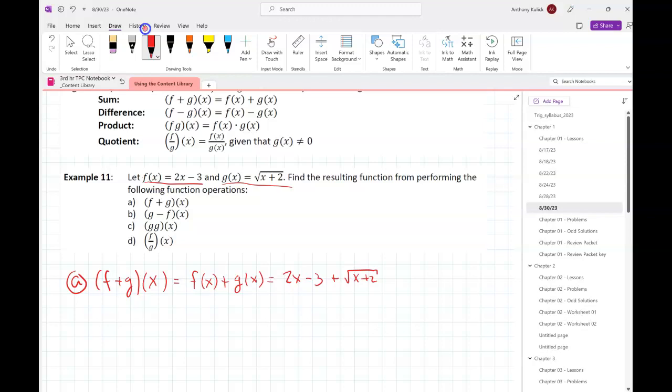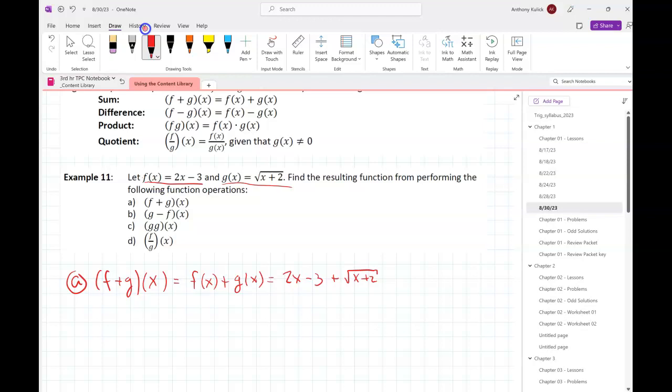So far, so good. And then all that's left is to potentially combine any like terms, do any kind of simplifying I might be able to do. Since the only operations going on here are addition and subtraction, are there any like terms to combine? What do you guys see?